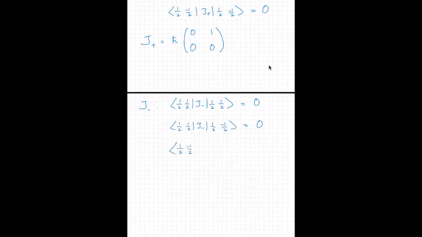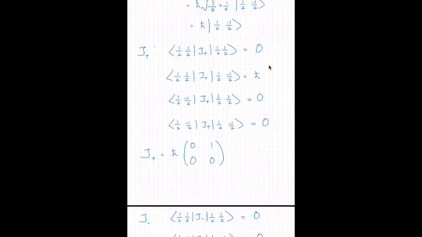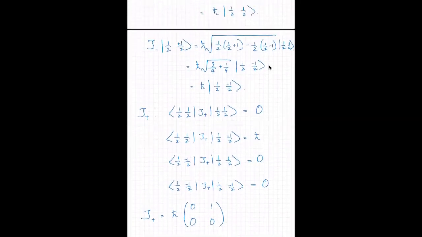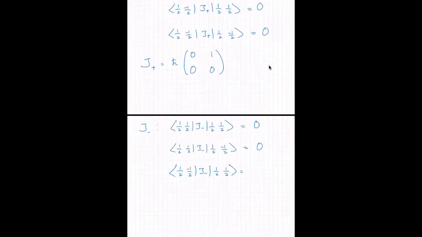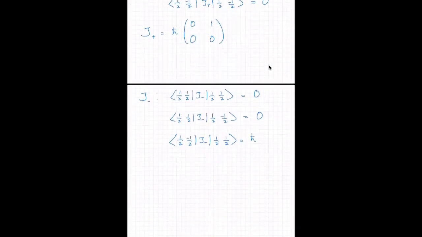So 1/2 minus 1/2 J minus 1/2, the 2, 1 element, will be non-zero because J minus will act on 1/2 minus 1/2 to give me 1/2 minus 1/2, and the overlap of it with the same state will be 1. So this will be H bar. And this will also be 0 for the same reason as before. J minus cannot reduce the value of M to be less than minus 1/2.